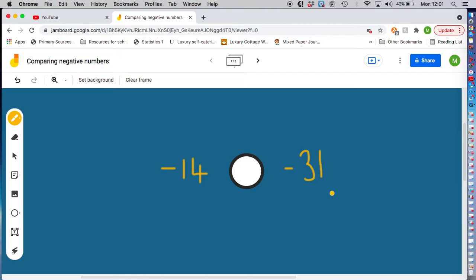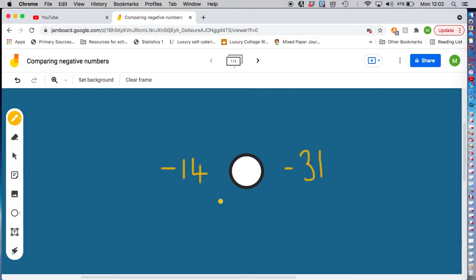The misconception here is that people think, well, that says 31, so 31 is greater than 14, so it must be that way. I can understand why. People think that -31 is greater than -14 because they almost ignore the negative signs and just treat it as 14 and 31. But you can't do that. It's really important that we look at the negative sign.